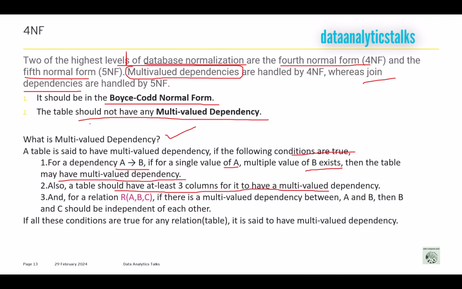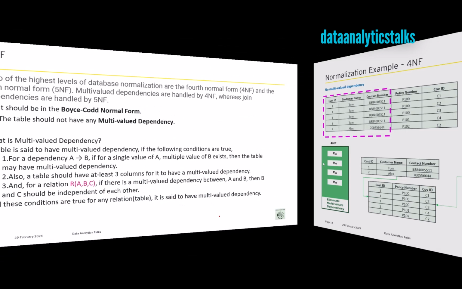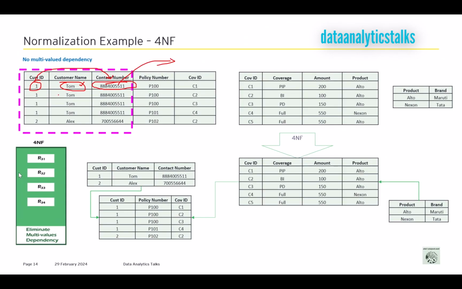Then the third one, for a relation ABC, if there is a multi-value dependency between A and B, then B and C should be independent of each other. Again, our table meets that requirement also. So it is having a multi-value dependency.